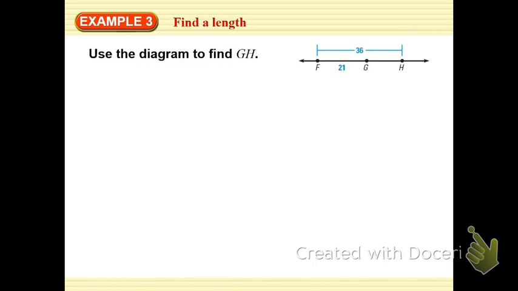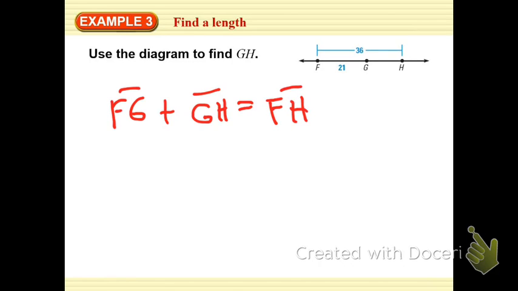You might set it up as segment FG plus segment GH is equal to segment FH. That's segment addition. Then you'd plug in the numbers. So FG is 21 plus GH, which we don't know, and FH is 36.